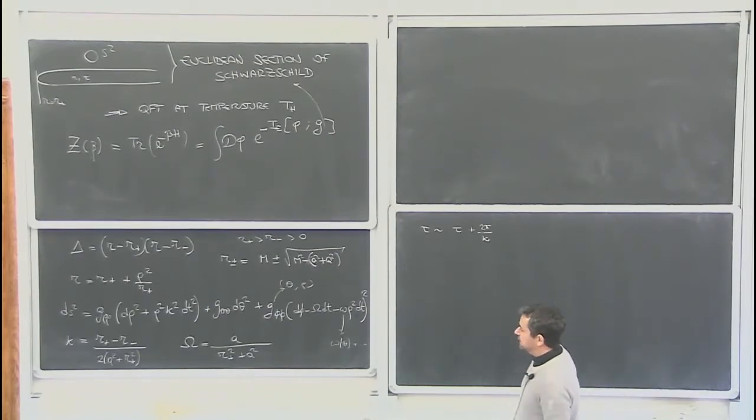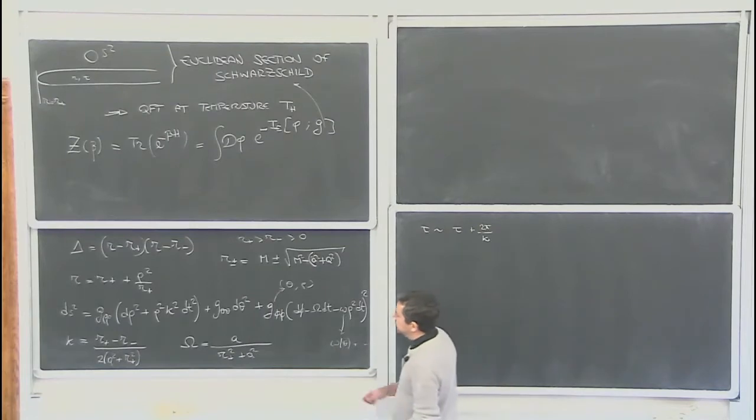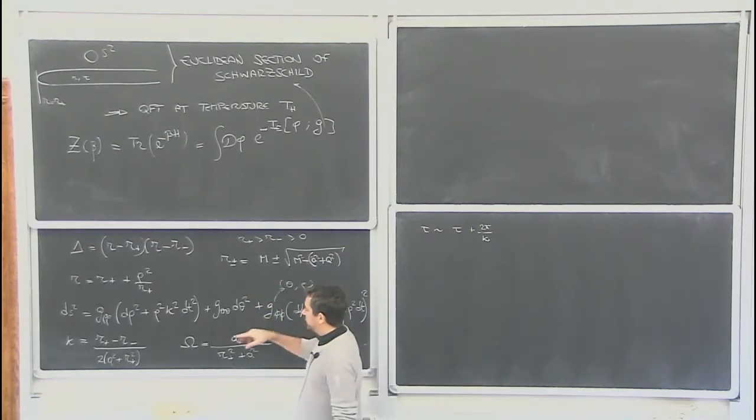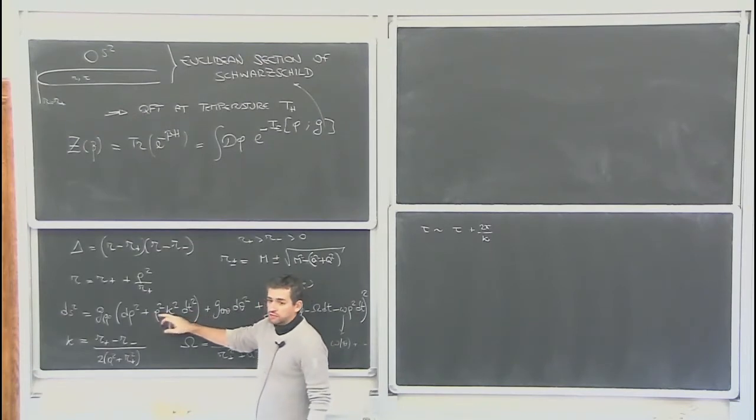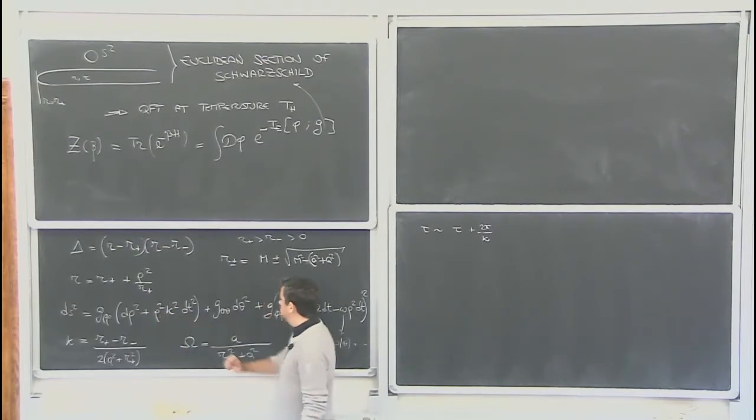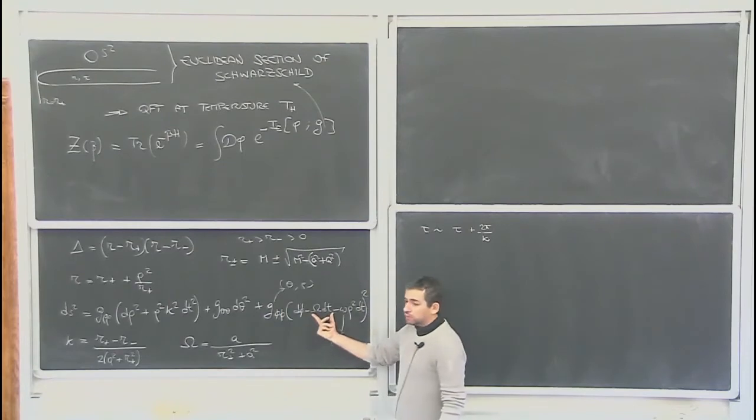But that's not the end of the story, because this circle we are discussing, this Euclidean time circle, shrinks to zero size at ρ equals 0. But here we have a component of the metric, this mixed component dφ dt that comes out of the square, that has a finite term.